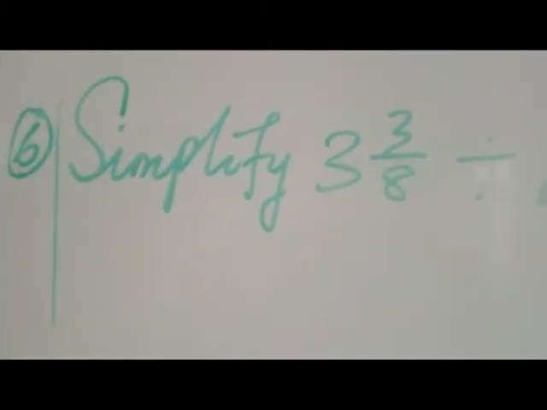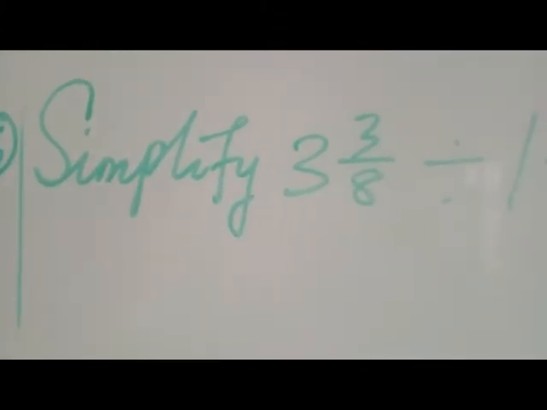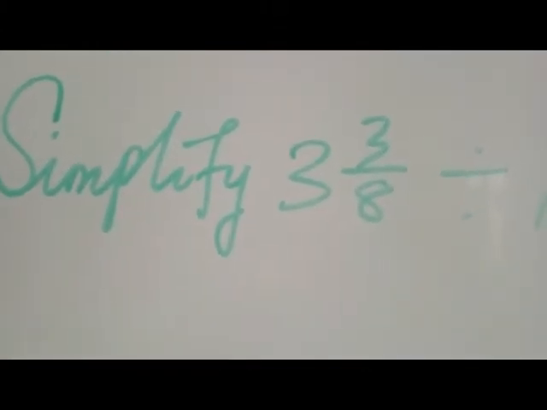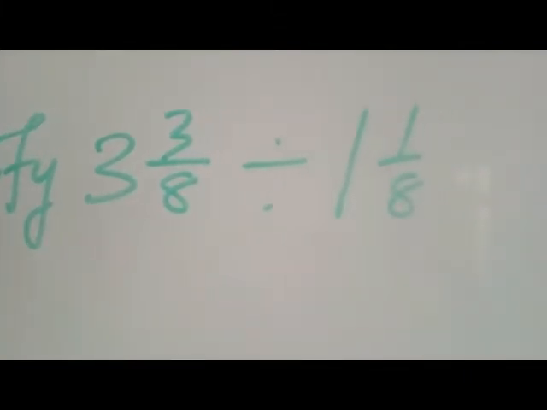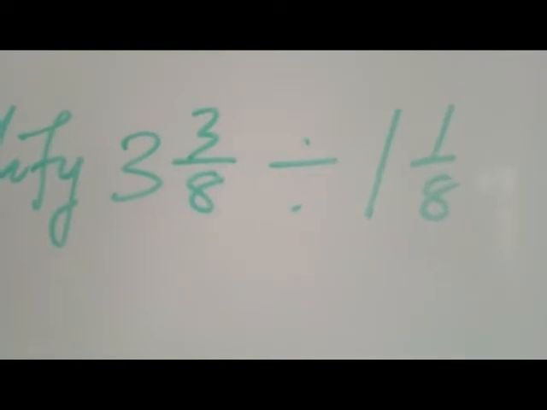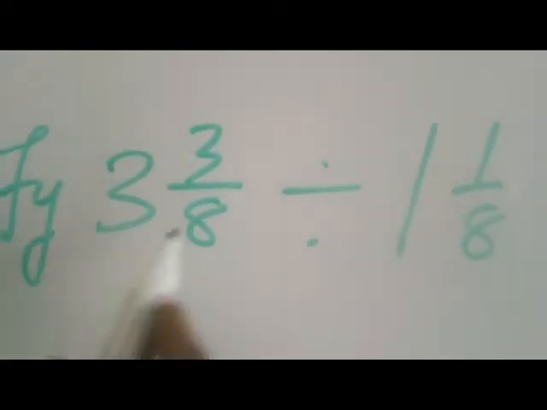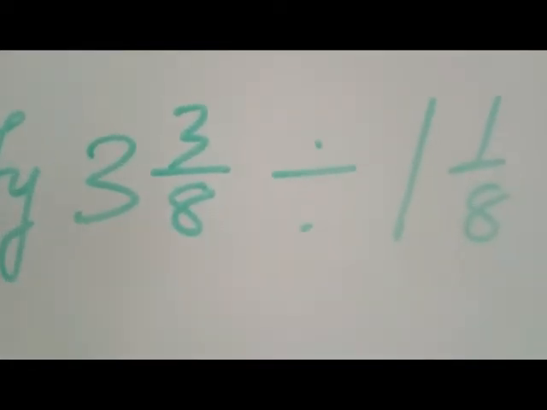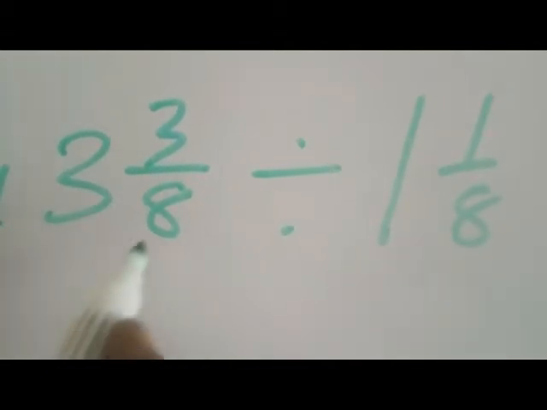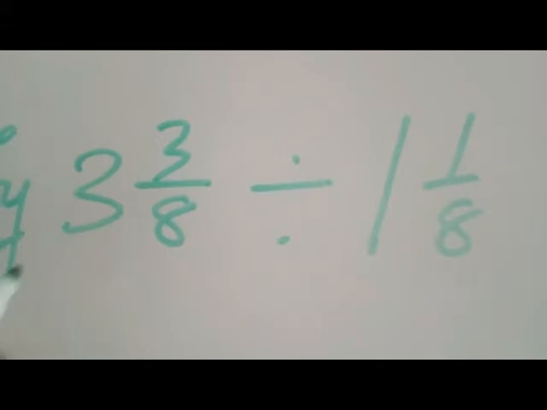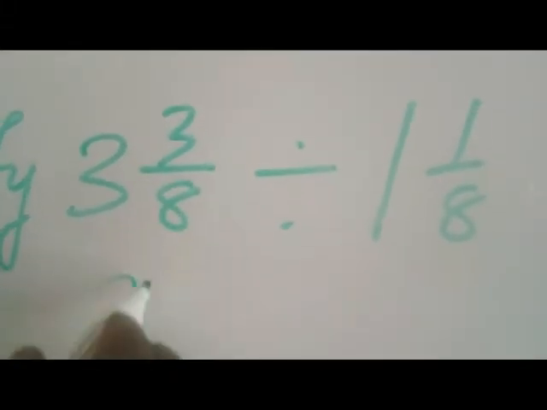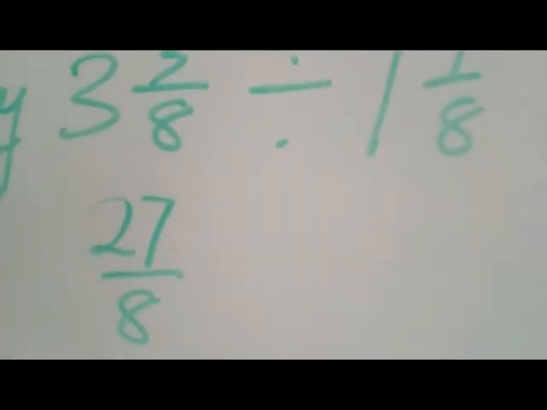Okay, so let's look at example 6. Example 6 says simplify 3 whole number 3 over 8 divided by 1 whole number 1 over 8. So remember what I told you, that when the number is given like this, you need to change it to an improper fraction. So we have 8 times 3, which is 24. 24 plus 3 is going to give us 27 over 8.